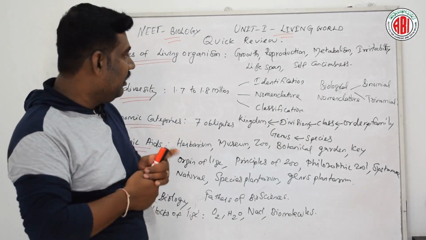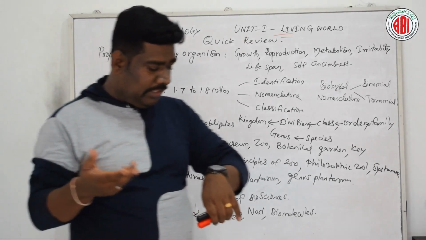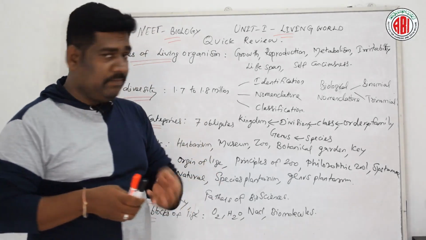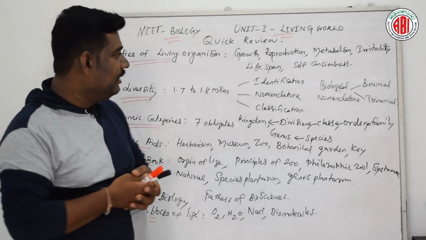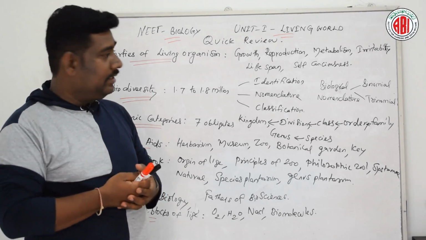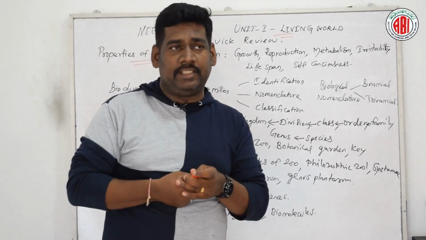And other than this, a few other properties of living organisms are excretion, digestion, and mode of nutrition intake. These are also properties when we are talking about the living organism especially.